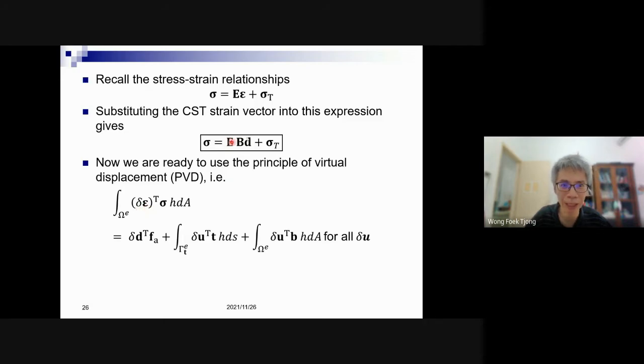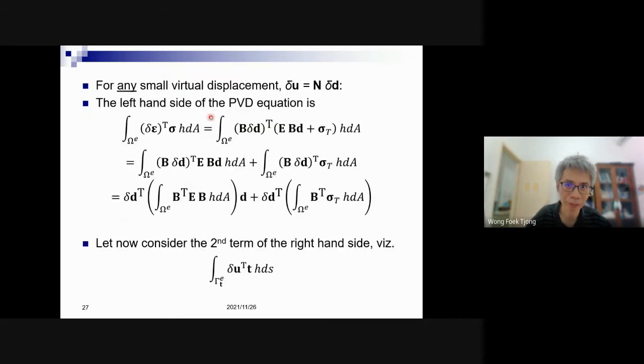Let's plug in all the formulas. In this principle we know that for any small virtual displacement, we imagine that our element is disturbed a little bit by delta u. In other words, we actually disturb the nodal displacement. The delta u is following this format.